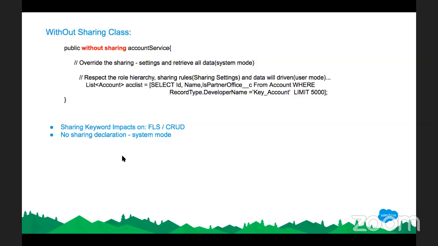And even if you define the sharing keyword, one thing you need to understand is that it provides record level access only. It enables record level access for custom and standard objects, so it doesn't care about field level security.